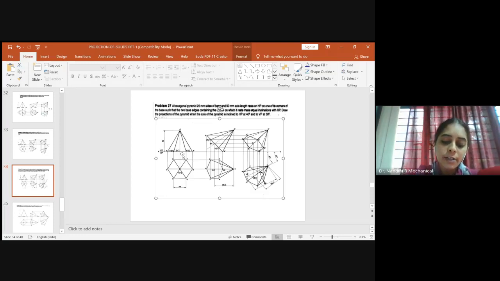That shows that it is not equally inclined to HP. You should always align the given pyramid in such a way that it's making equal inclination with respect to our horizontal plane. Along with the position, both you have to check. So once that is done, when you project from the top, you will have the shape of the hexagonal pyramid as shown here on the screen.